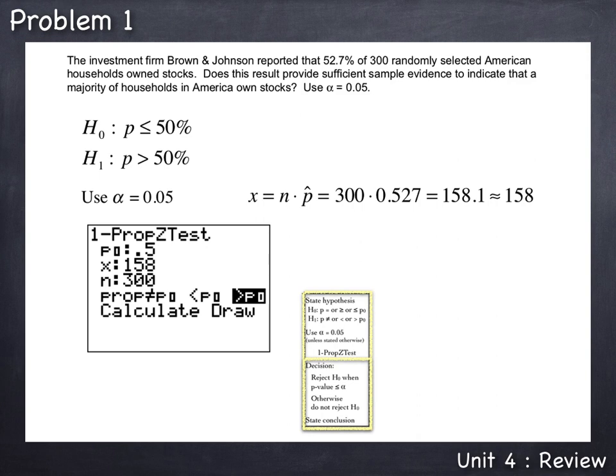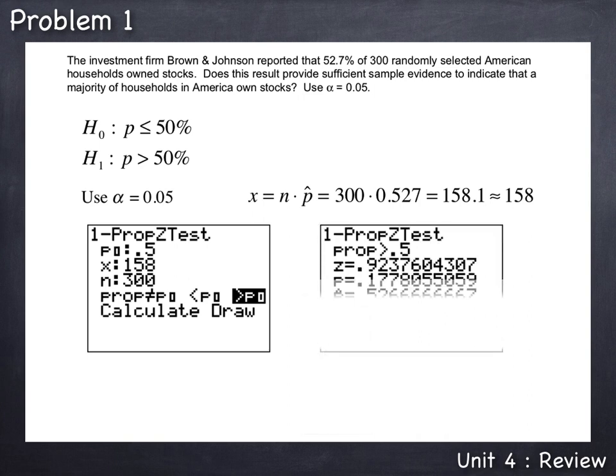So in this example, when we press enter with the cursor blinking on calculate, we get the screen displaying all kinds of calculated numbers. But the one number we're interested in is the p-value, the one that says p equals 0.1778. Now, p-values are probabilities, so we can round our probabilities to 3 places after the decimal.